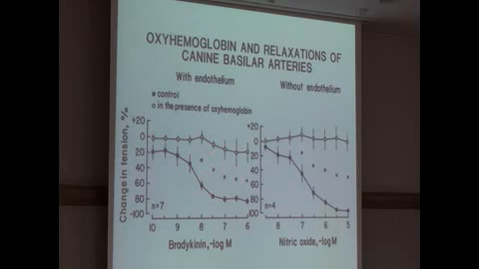There is nothing left. In this artery, bradykinin causes endothelium-dependent relaxation only because it causes the release of nitric oxide. But again, there are no general rules. In other blood vessels, it can be different.